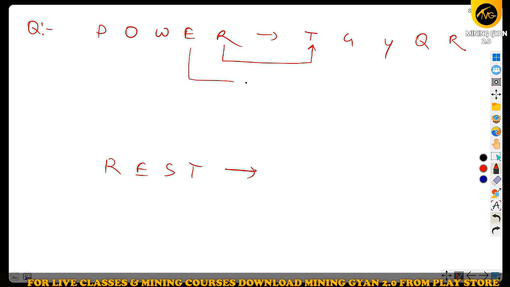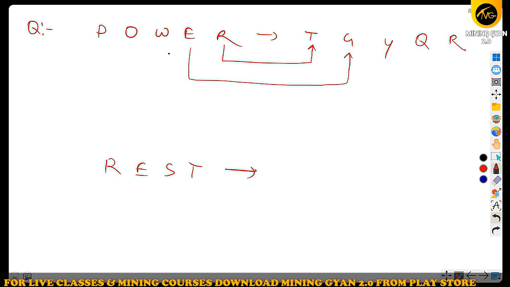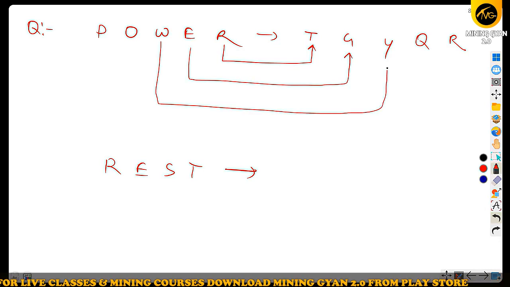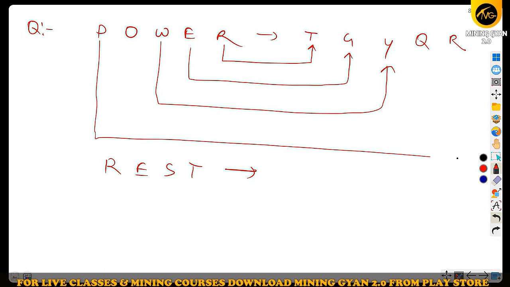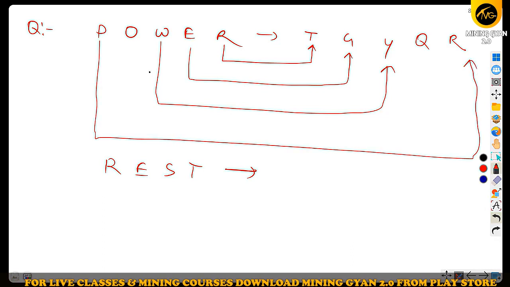Similarly, A is decoded as G and W is decoded as Y. That's why it is called forward reverse coding, because the last letter is connected to the first letter and the second last one is the second letter. Similarly, the first letter is connected to the last letter of the decoded language.